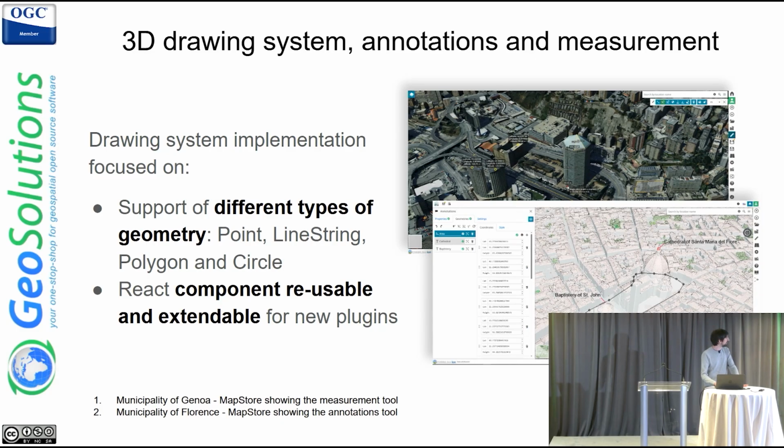One of the main requirements was to include in MapStore, using the Cesium viewer, a way to make annotations and also certain types of measurement. So the idea here was to create a 3D drawing system that supports base geometries like point, line string, and polygon, and build this as a React component that we can extend in different tools.